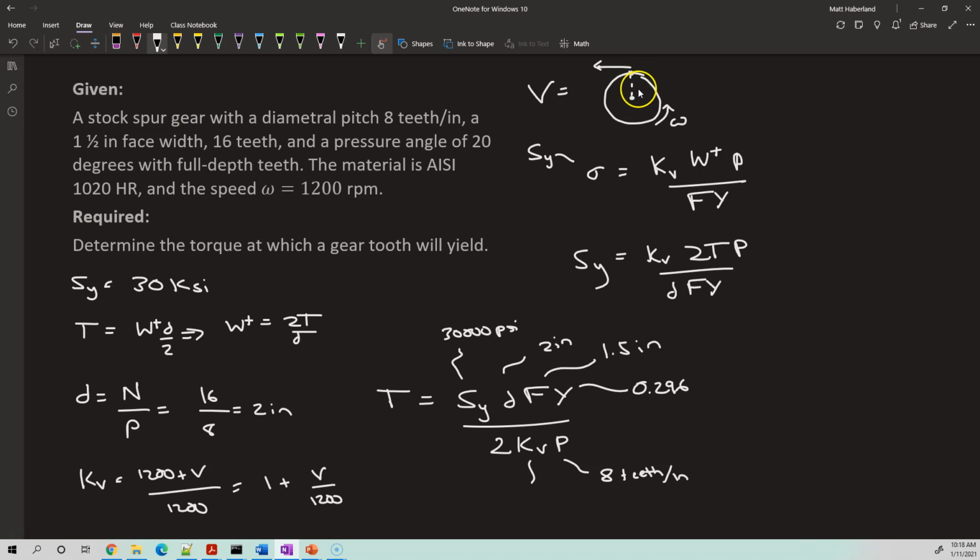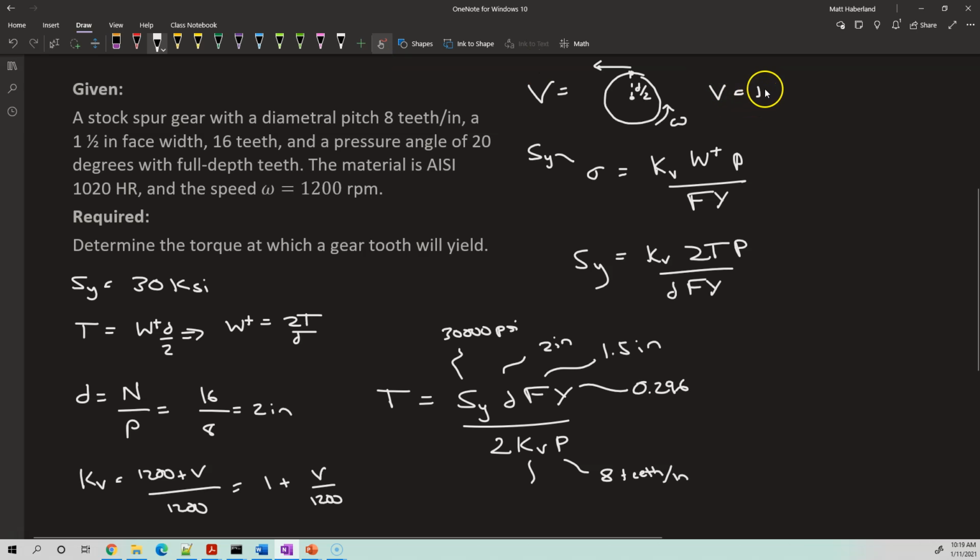So if this is d divided by 2 for the gear, then our v is just omega times d over 2. If this were in radians per second and this were in inches, then we can get an answer in inches per second. We actually want our answer in feet per minute, so we could just convert the units and plug and chug, but we're going to look at it from a different perspective.